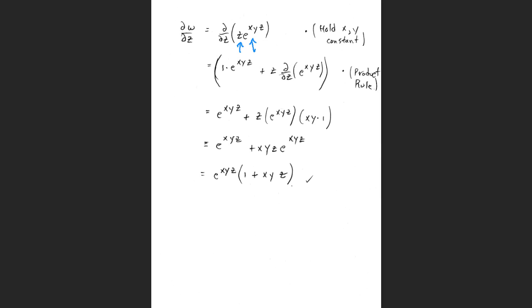So we can't factor z out, because we're differentiating with respect to z. We're going to have to use the product rule, and then, of course, the chain rule as well.